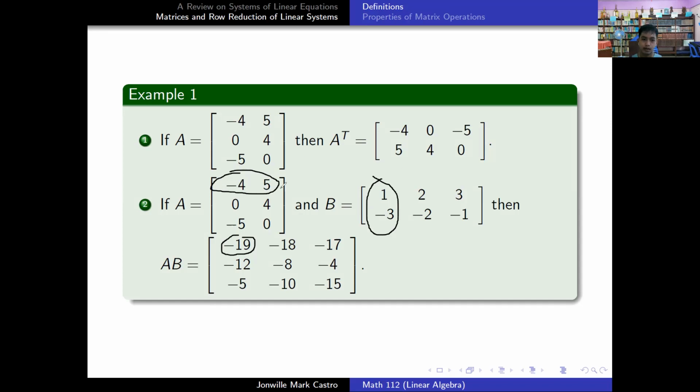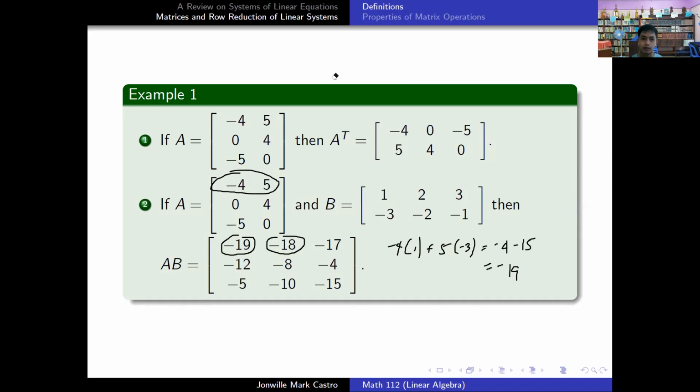Then, i-multiply natin yung corresponding entries na. So, we have -4 times 1 plus 5 times -3, which is -4 minus 15, which is negative 19. So, nakuha natin yan. So, yung next, this is first row, second column.